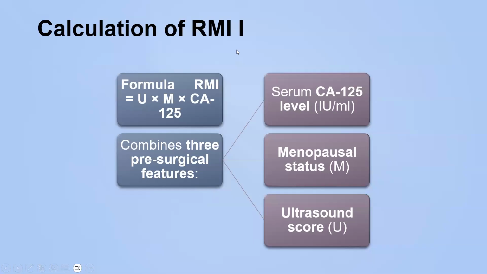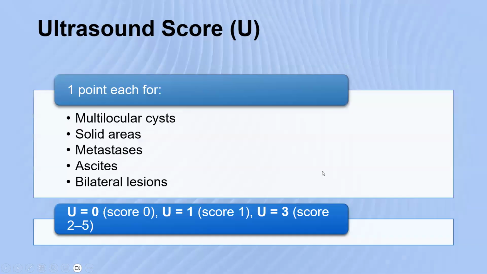So, what is the formula to calculate RMI? It is U times M times CA125. U is the ultrasound score, M is the menopausal status, and CA125 is the reading of the tumor marker. On ultrasound score, 1 point is given for each of these findings: multilocular cysts, solid areas, metastasis, ascites, bilateral lesions.